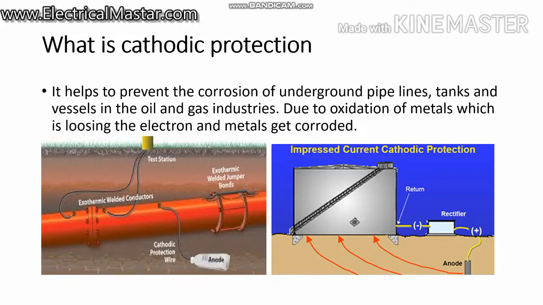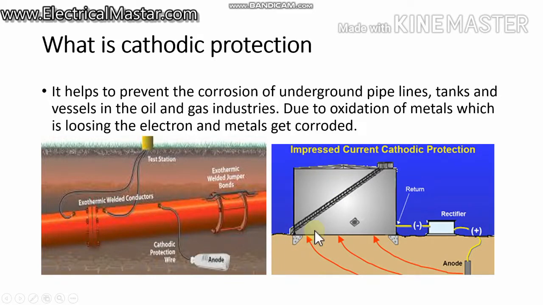For example, a gas pipeline is normally placed underground. Due to oxidation, this pipeline has a chance to get corroded. If the pipeline gets corroded, there is a chance the gas will leak.